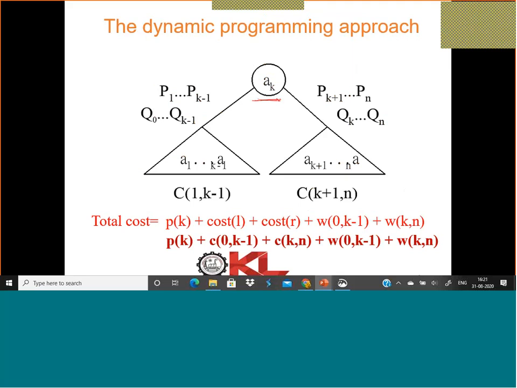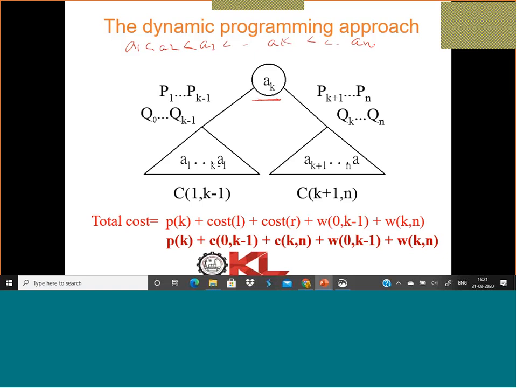Similarly, the right subtree has A of K plus 1 to A of N. This is provided all the elements are sorted: A of 1 is less than A of 2, less than A of 3, less than A of K, less than A of N.